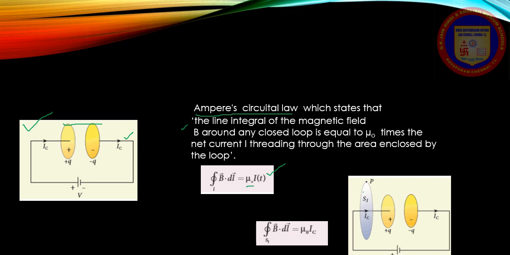Now we can calculate the magnetic field at a point P, shown in the diagram. Draw an Amperian loop which encloses the surface S1. Using Ampere's circuital law, we get the integral over S1 of B dot dl is equal to mu naught IC, where IC is the conducting current.